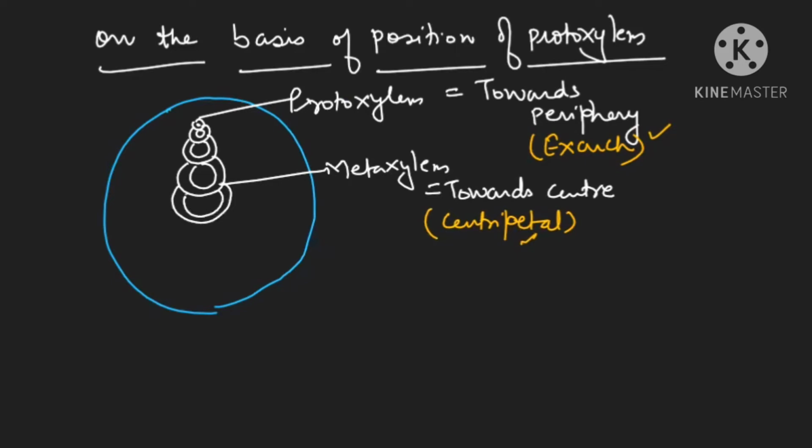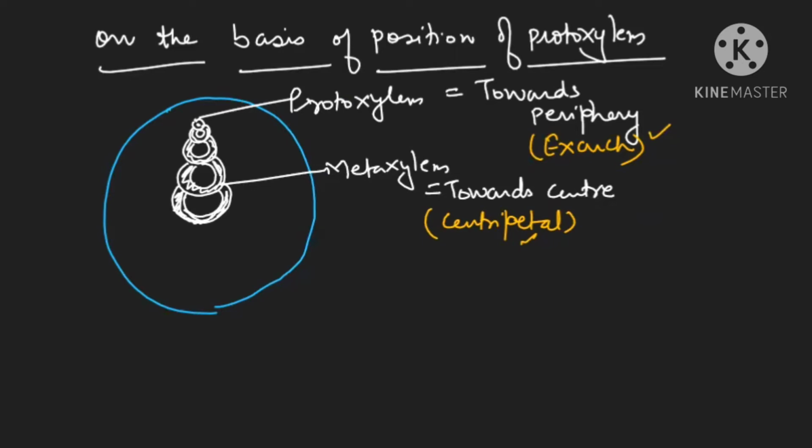Understood why I'm drawing it double? Because lignin deposition is there. As a lignin deposition, the cell is becoming thick. So when you study the TS, you will find it is having two layer. That is why I'm drawing it two layer. Understood? So basically you have to just remember that protoxylem is present where. If it is present outside, you call it as exarch. And you have to remember if protoxylem is outside, means metaxylem will be towards center.